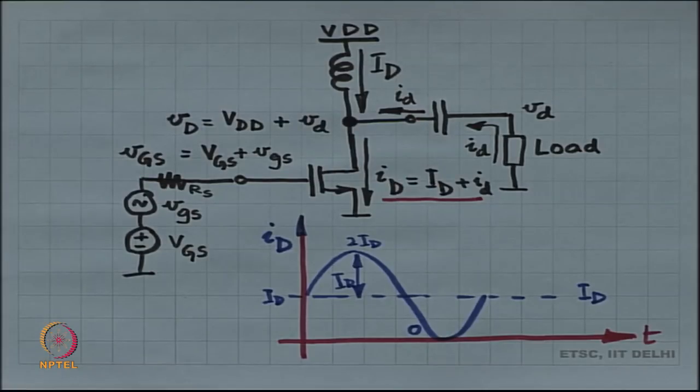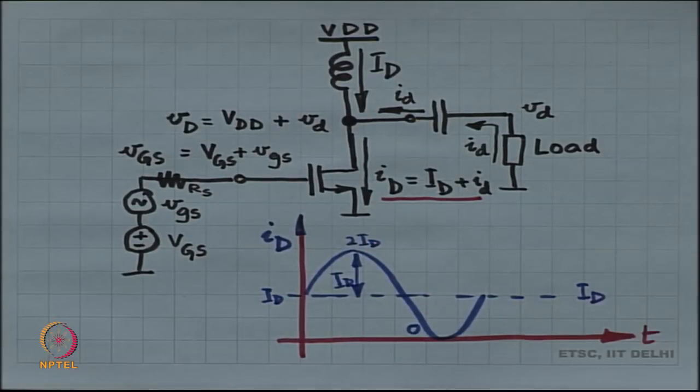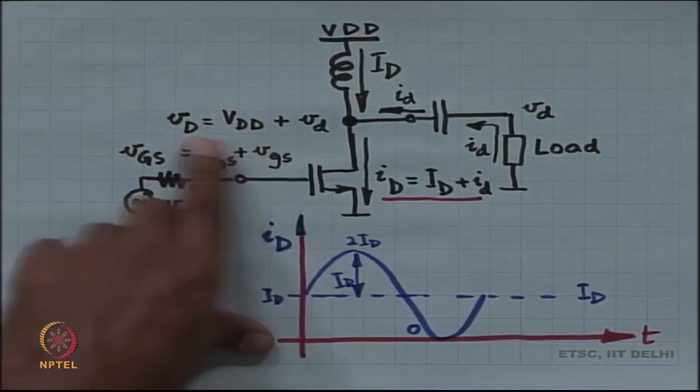All right. So, let us do that. Let us say that small VGS is such that I get this largest possible waveform over here, fine. Then just like this, we are going to start looking at the voltage v_d.